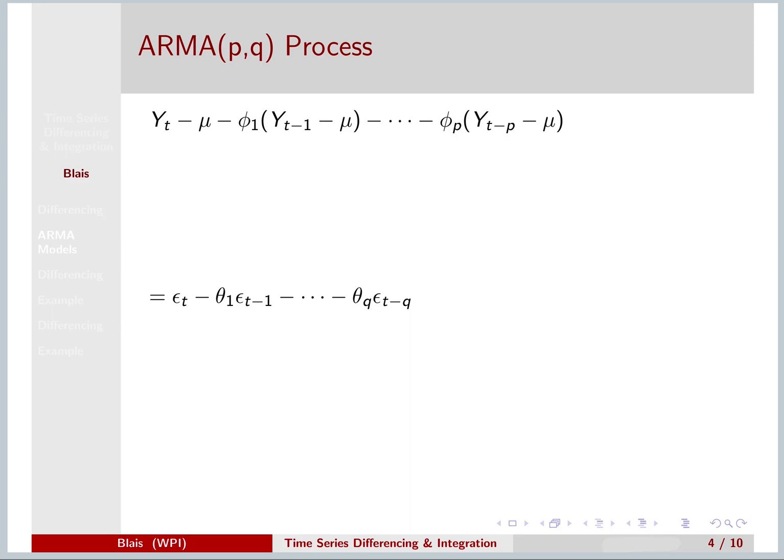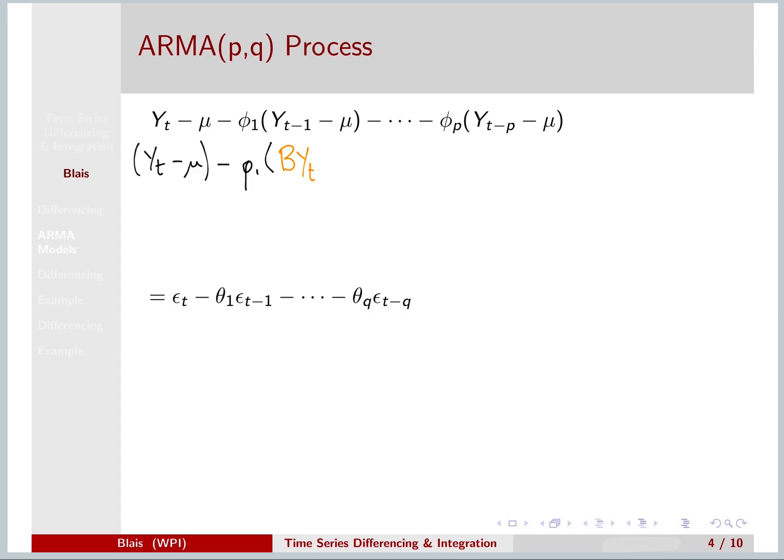And we can rewrite things. So here we have y_t minus mu minus phi_1, but note that this y_{t-1} can be written using the backwards operator. So we can rewrite that as B y_t.